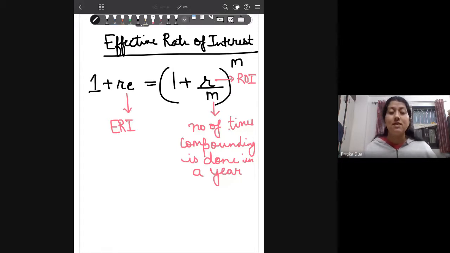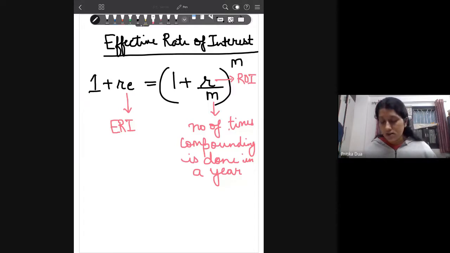Now this is the effective rate of interest which is calculated annually. It is the annual equivalent of the interest which we are receiving when compounding is done multiple times a year. So let's take a simple example, and you will be able to calculate the effective rate of interest.